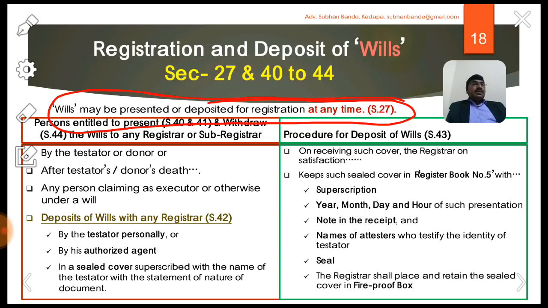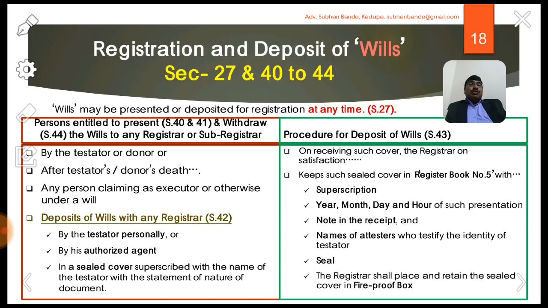Here, registration of wills is optional. Registration is optional with regard to the wills, but the wills may be presented or deposited for registration at any time according to section 27.